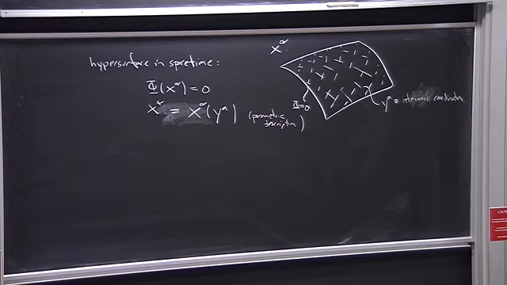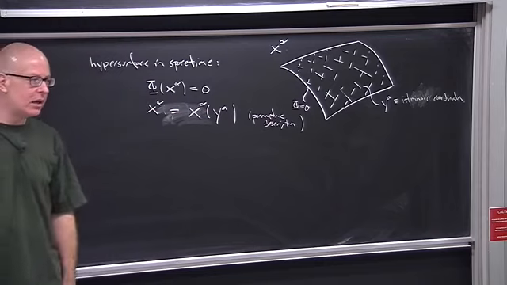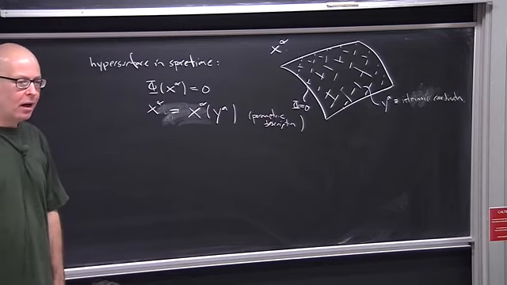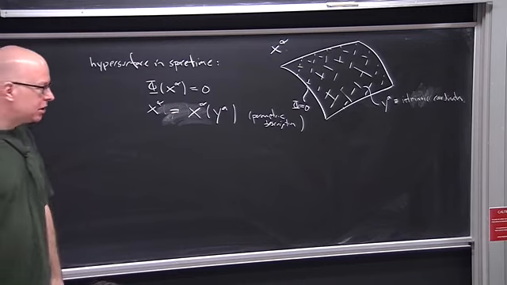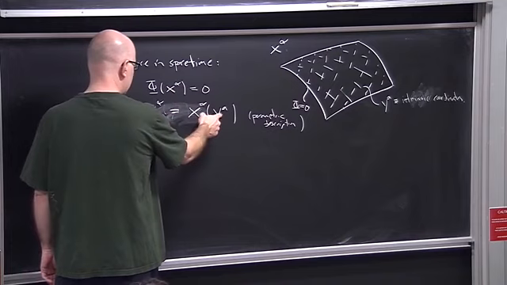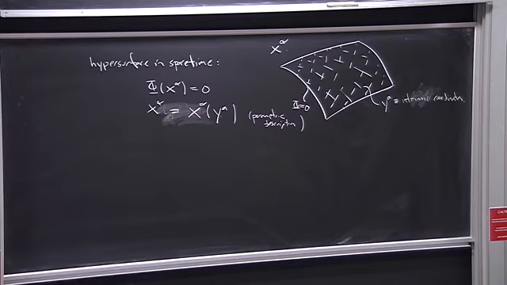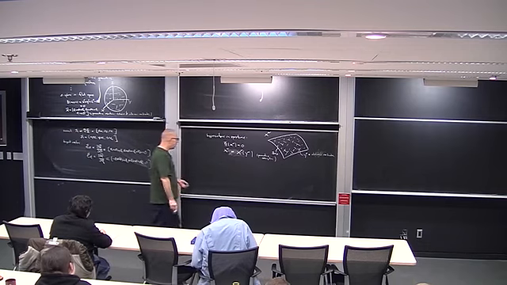And again, I have some latitude in choosing the function phi. I have a lot of latitude in choosing the coordinate system y. And I can consider all possibilities. Basically, I'm treating this as an arbitrary coordinate system and treating that also as an arbitrary coordinate system. It doesn't matter what I pick for any given application. I would pick the best coordinate system to fit the surface, and I would try to do it in the most convenient way.